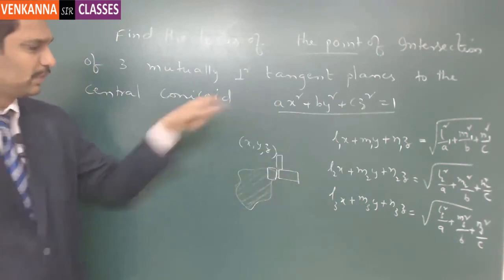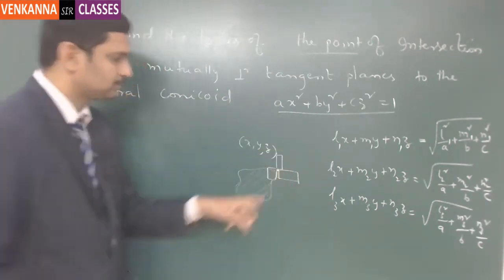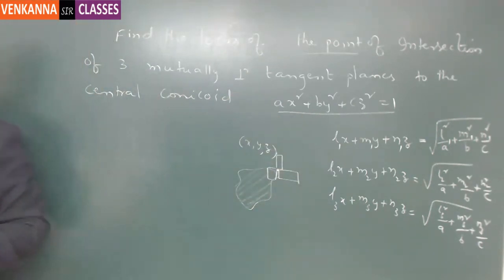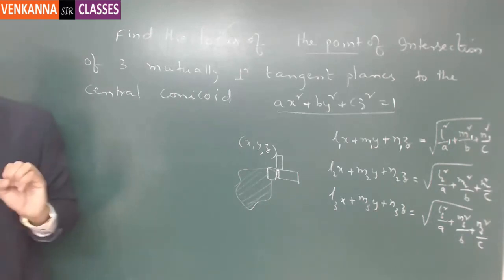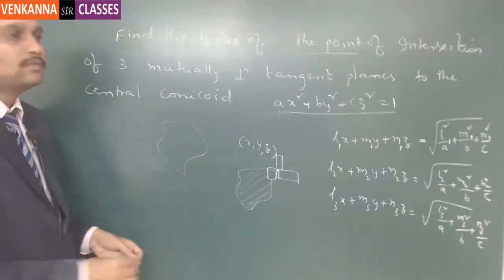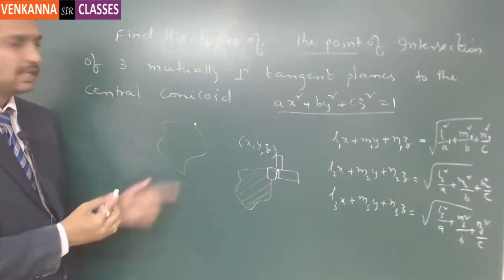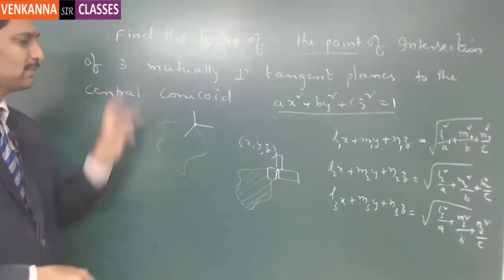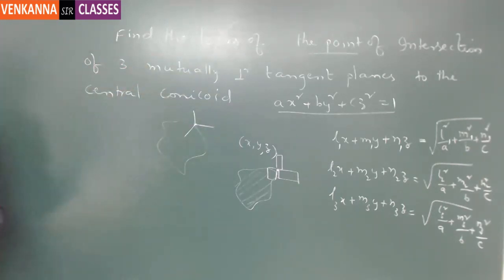The intersection of these planes is nothing but a point. This point also lies on the conicoid. Clear now the perspective? In the other way around, whenever you consider a surface, if you take a point on it, at this point you can consider three mutually perpendicular tangent planes. That you can understand. Clear? Yes or no?